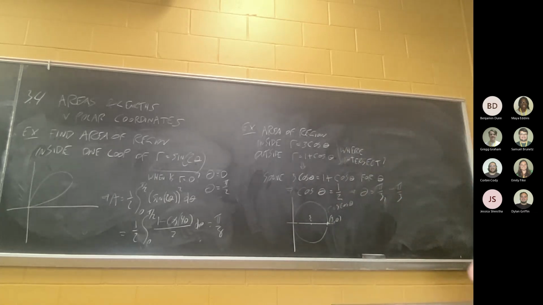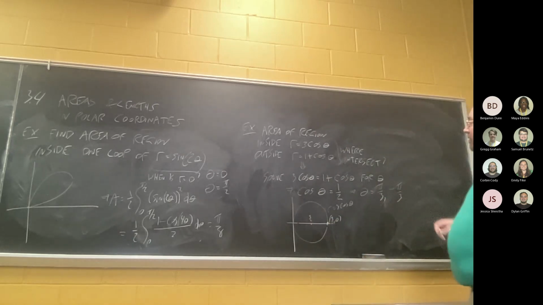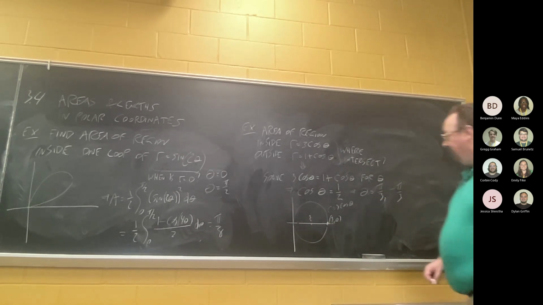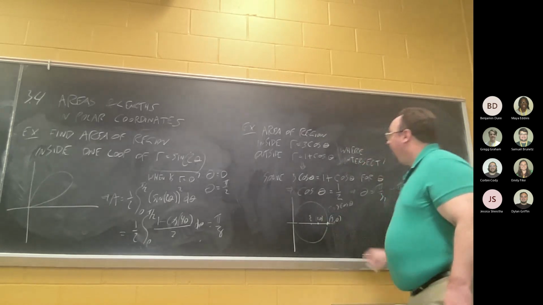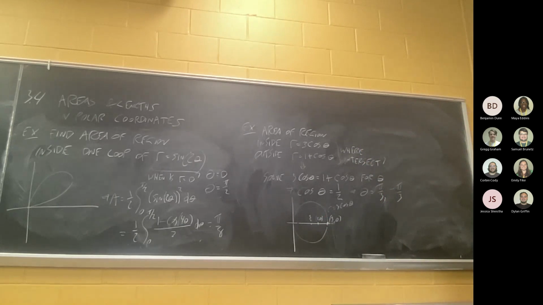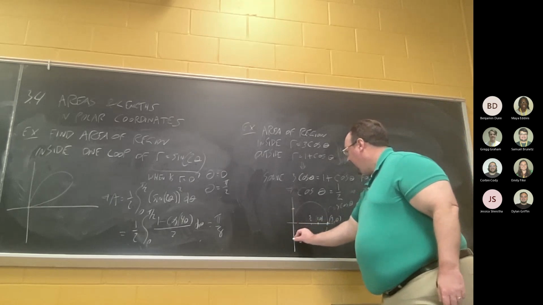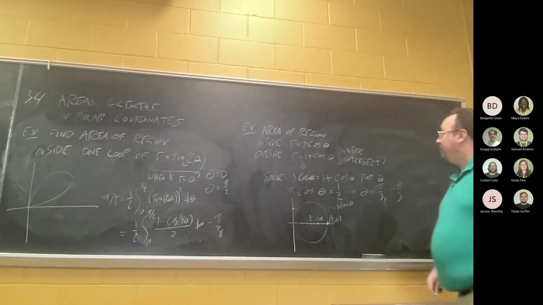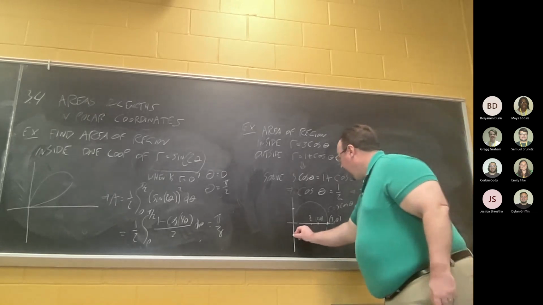Anytime you have r equal to a constant times cosine theta, it's a circle of radius half the constant, with center at x equals half that constant. The other one, r equals 1 plus cosine theta: when theta is 0, it starts out here at 2, and when theta is pi/2, it's 1.